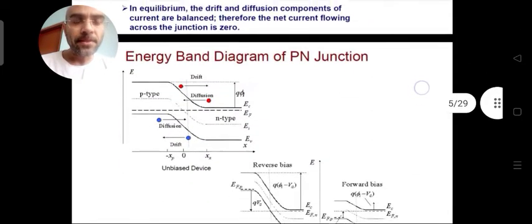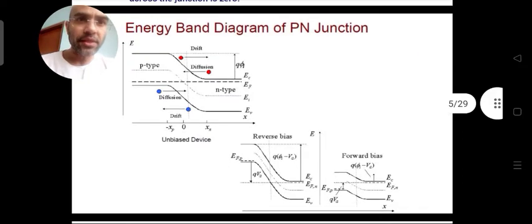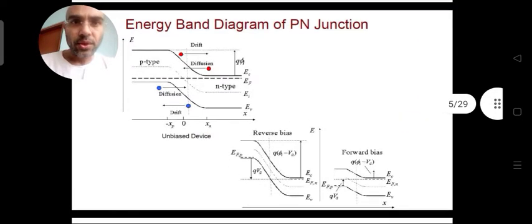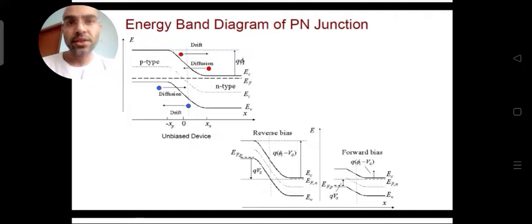Now let's see the same explanation with the help of energy band diagrams. You already know that materials can be classified as semiconductors, metals or insulators in the form of energy bands.